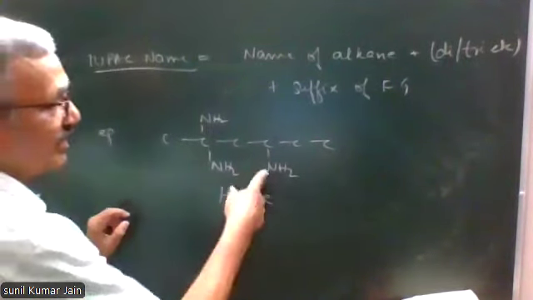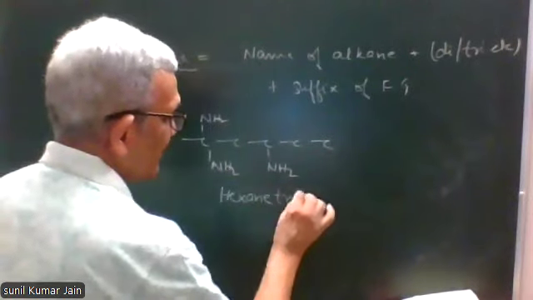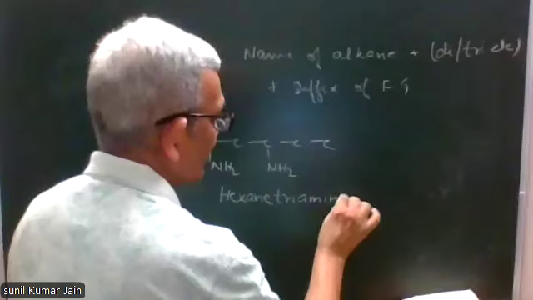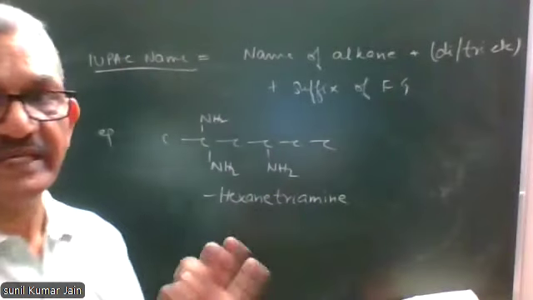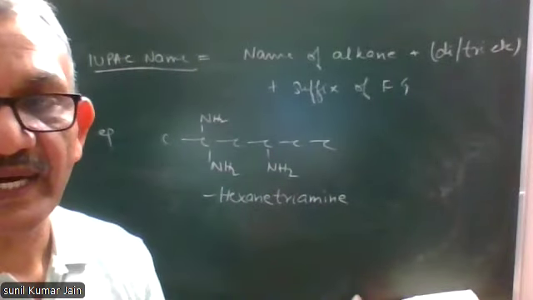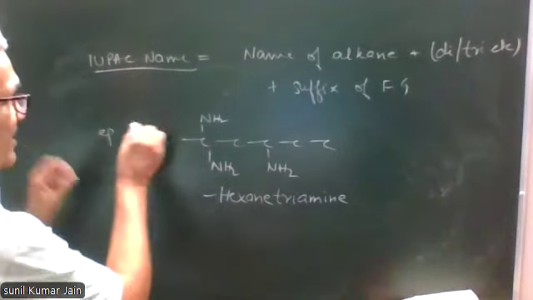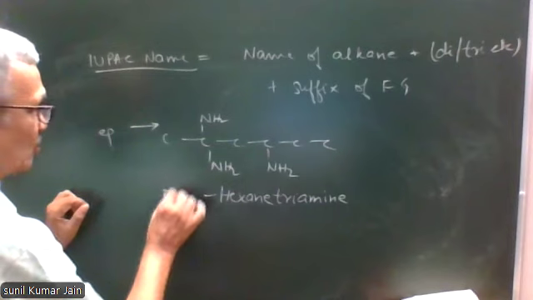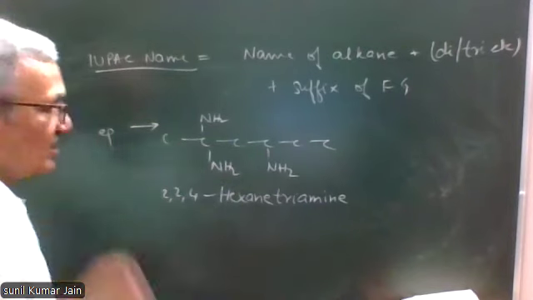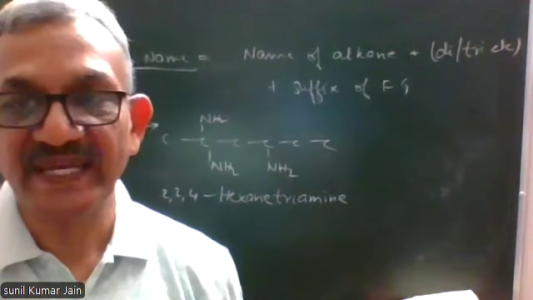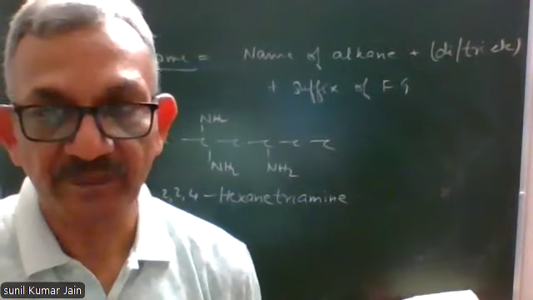Hexane, 3 NH2 tri, suffix for NH2 amine. Hexane triamine. In the beginning, we'll write positions of these functional groups, and these positions in this direction will be 2, 2, 4. So the IUPAC name of the compound will be 2,2,4-hexanetriamine.